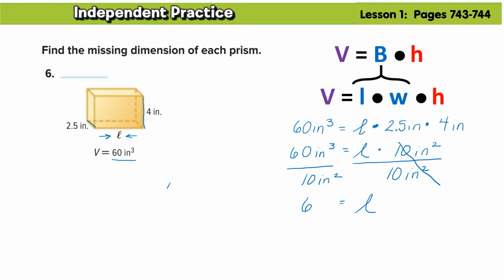And inches cubed over inches squared is inches times inches times inches over inches times inches. So they cancel out and it just leaves me with inches. So our answer is the length is 6 inches.